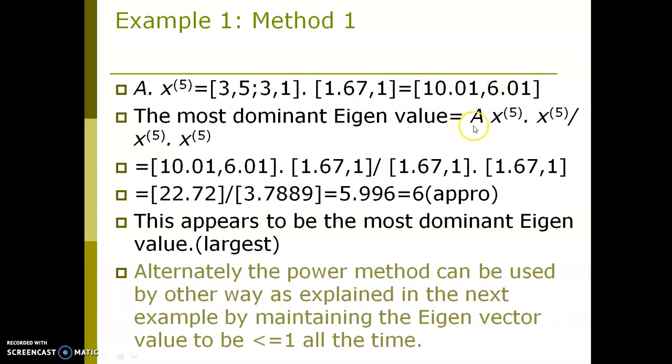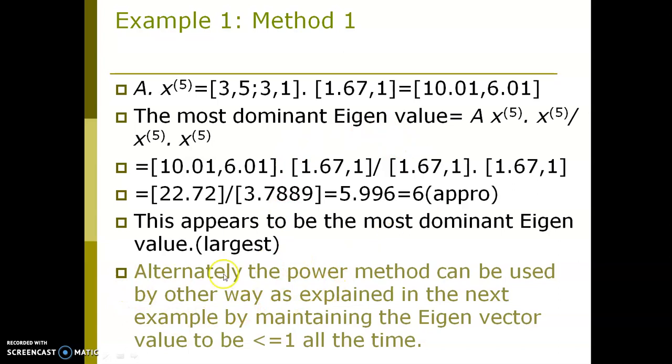The dominant eigenvalue can now be calculated by considering Ax5 multiplied by x5 divided by x5 into x5. Once we calculate this, we get the approximate value 5.996, which can be approximated to 6. This appears to be the dominant, largest eigenvalue, and the corresponding vector, 1.671, will be taken as the largest eigenvector.